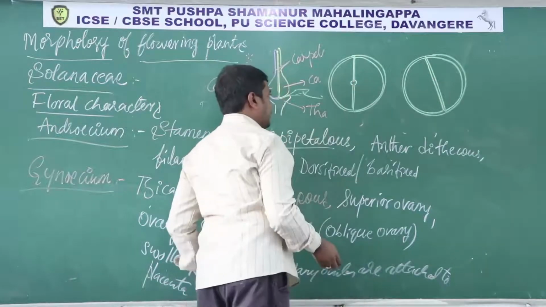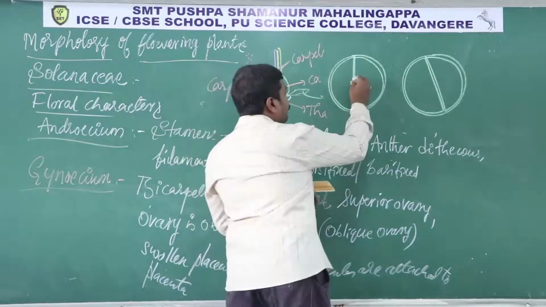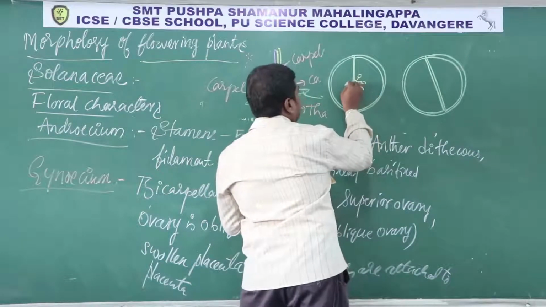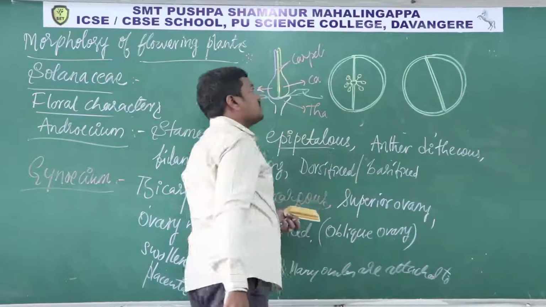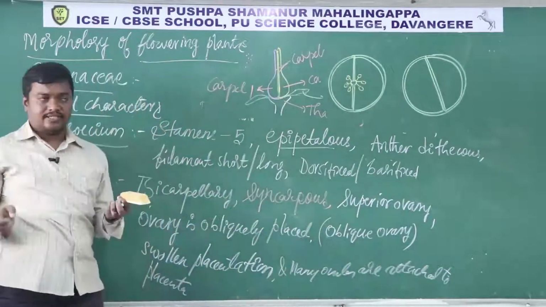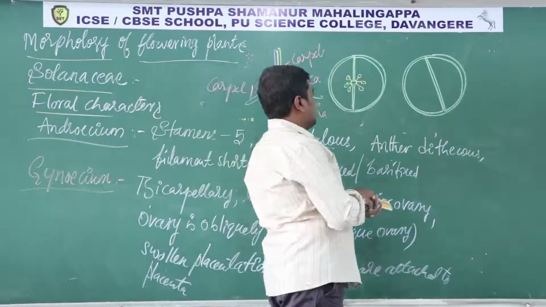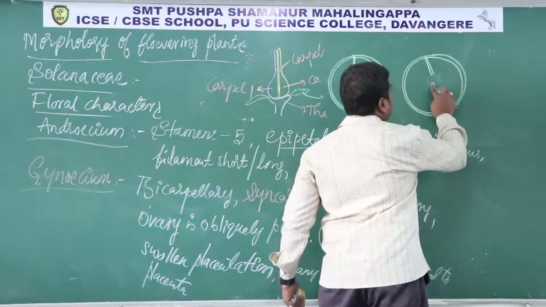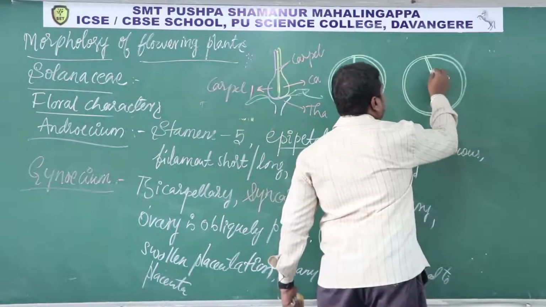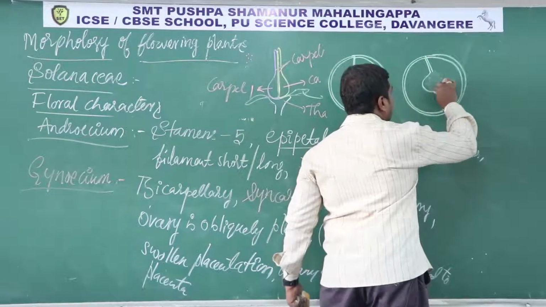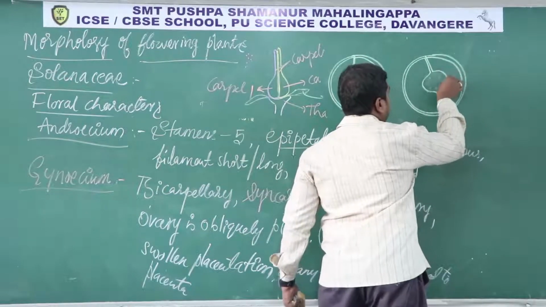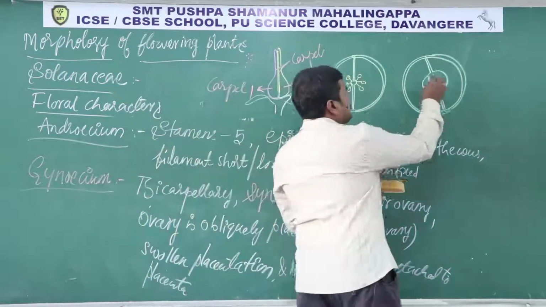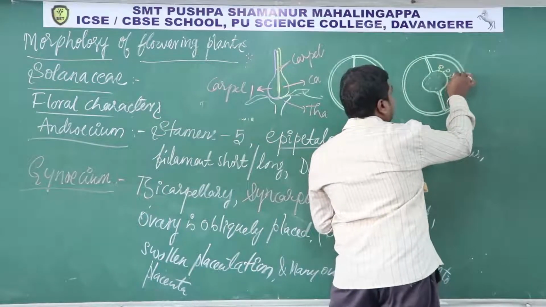So this is the central axis, and ovules are attached like this. So this is the normal axile placentation. But here in Solanaceae, this axis is swollen. This part, it gets swollen like this. Okay, so the ovules are attached on top of this.